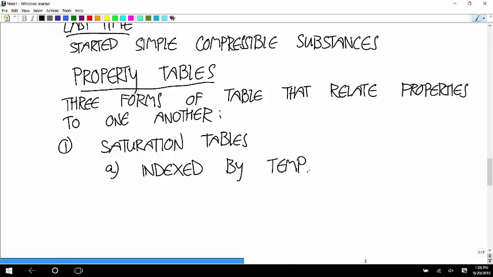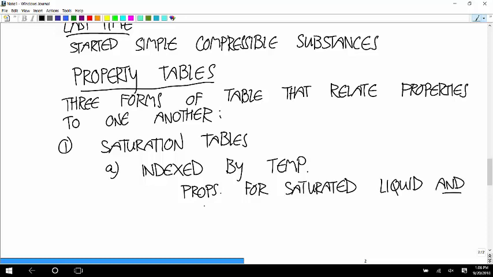And it's going to have properties for a saturated liquid and properties for a saturated vapor.